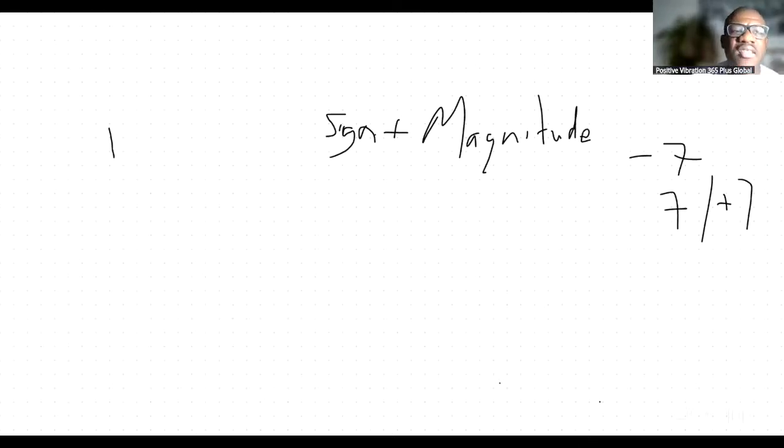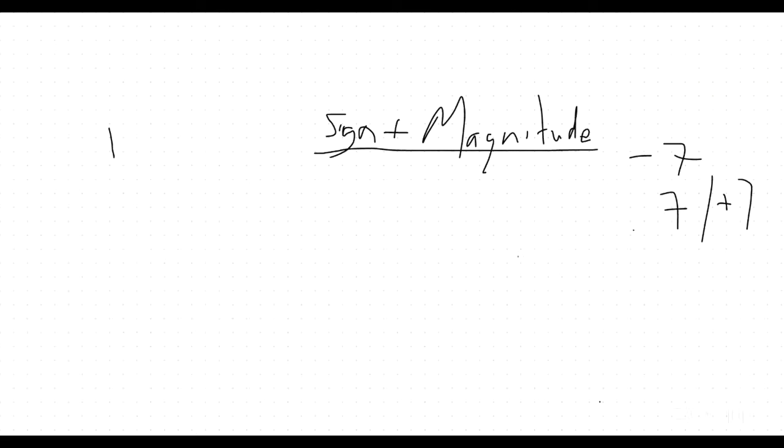So if a negative number is represented by a 1, what do you think represents a positive number? Come on, guys. Where's my class? Sir, repeat. If a negative number is represented with a 1, what represents a positive number? Guys, we're doing binary.